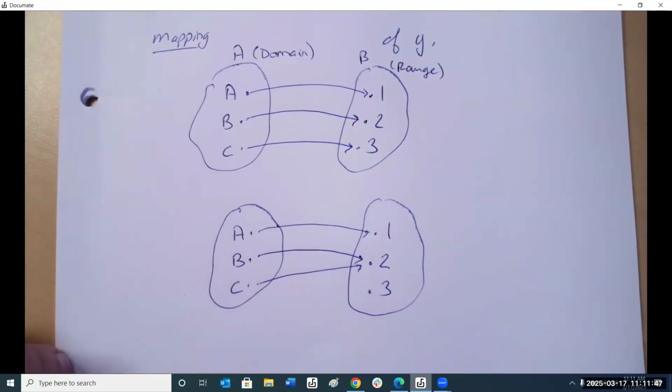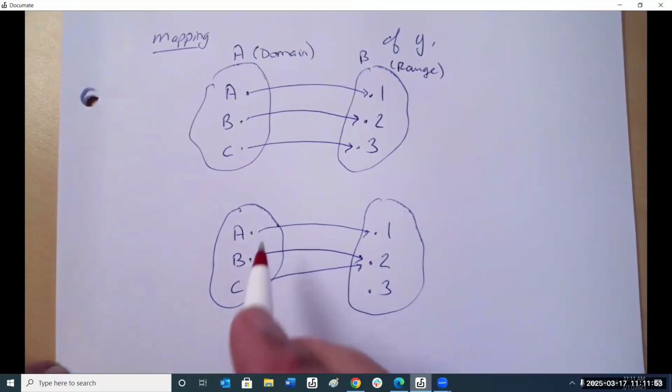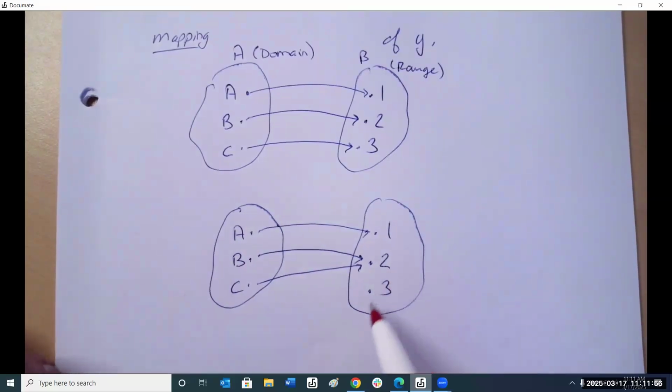Is that a one-to-one function? Why? Each one is going to exactly one point. Right. Each of the domain is going to one and only one of the range. All three of them go to the same value.